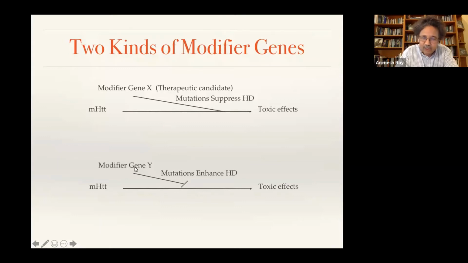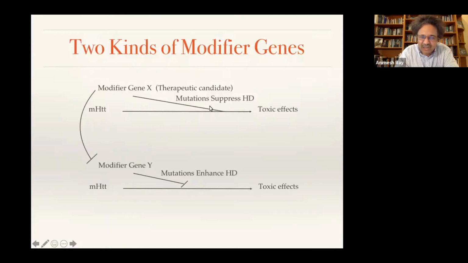But they're not immediately useful to give us a therapeutic candidate molecule. However, almost always if there is a modifier gene that enhances Huntington's disease, then it might have a modifier gene that suppresses or represses its effect, inhibits its effect. That gene can be a therapeutic candidate. And in fact, mechanistically, that gene Z is nothing but the equivalent of gene X.